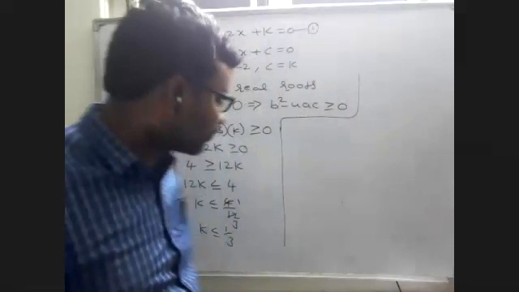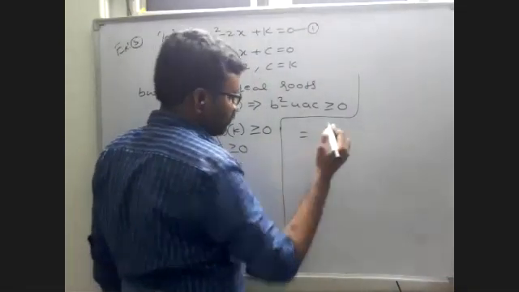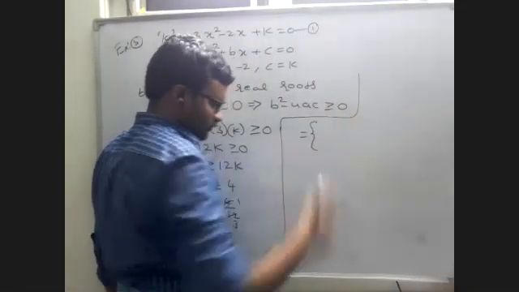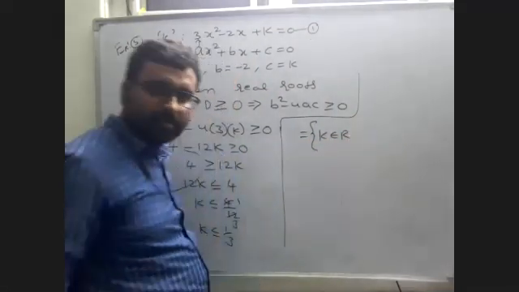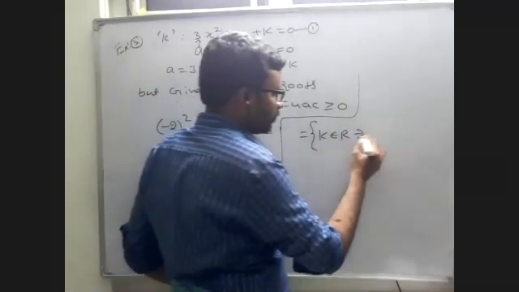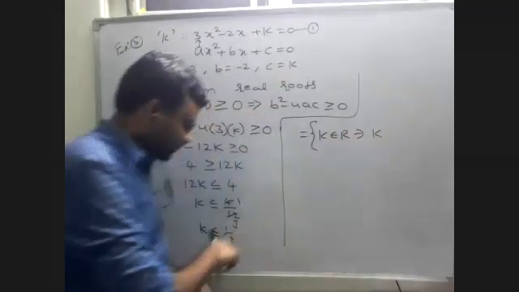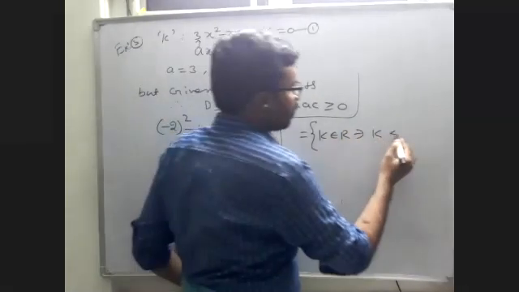Without writing that, we can write the solution set: k belongs to real numbers such that k is less than or equal to 1 by 3.